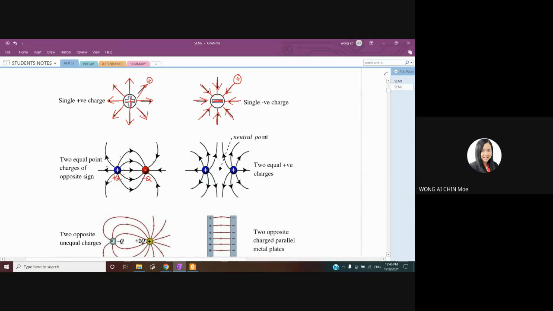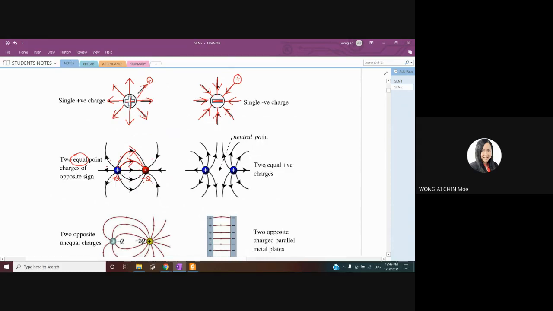For the negative charge also 1, 2, 3, 4, 5, 6, 7, 8, because both are equal charges. So your electric field lines will come out from the positive and enter the negative point charge.